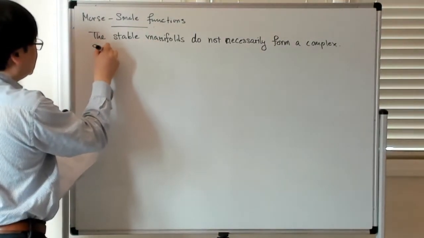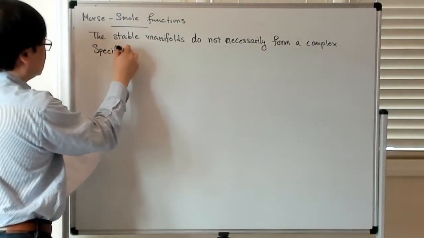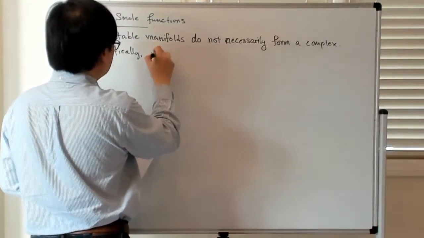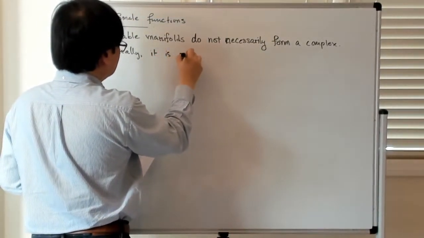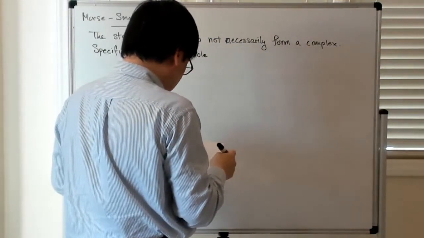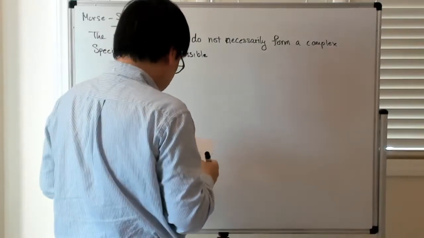Specifically, it is possible that the boundary of a stable manifold is not itself a stable manifold of a lower dimension.